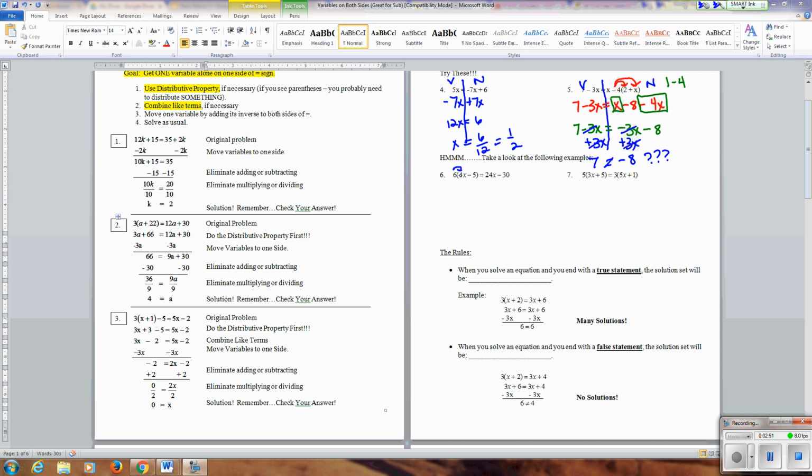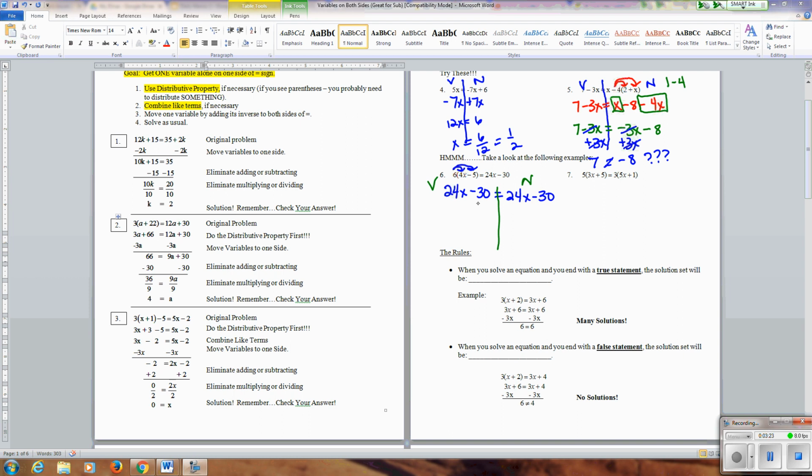6 times 4x is 24x. And then 6 times -5 is -30. And then, sorry, my equal signs aren't going to line up. And then I have 24x minus 30. Oh my gosh, look at the left side and look at the right side. They are identical. So let's go ahead and draw my line right here. Let's get our variables on this side and our numbers on this side.